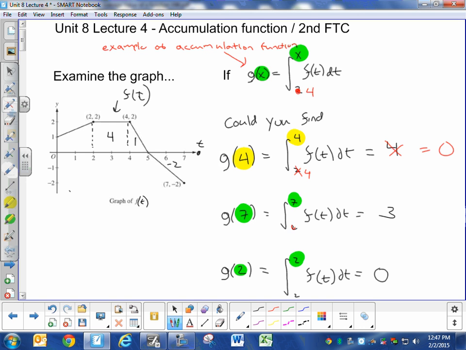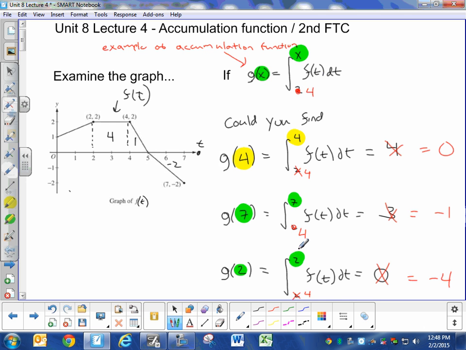This would be the area from 4 to 7. 4 to 7 would be -1. And this would be 4 to 2. Now we'd go from right to left, 4 to 2. 4 to 2 would be -2. -4. Okay? So depending on this number, all of these values can change.